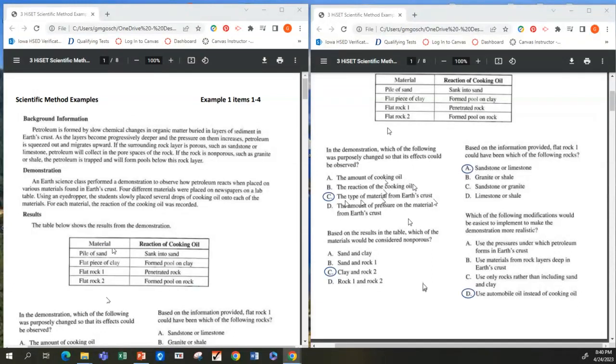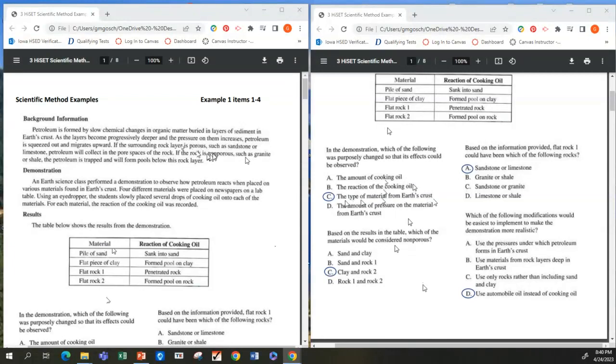Okay, based on the results in the table, which of the materials would be considered non-porous? So when I look over here, non-porous, I have to go back up here and remember what I said about non-porous. I realize my mouse is all over the place, so I'm trying to point with it and it's not helping. But in this first paragraph, the last half of it: if the surrounding rock layer is porous, such as sandstone or limestone, the petroleum will collect in the pore spaces.